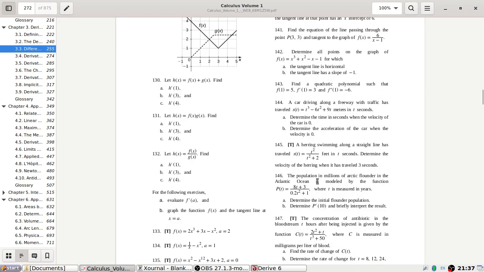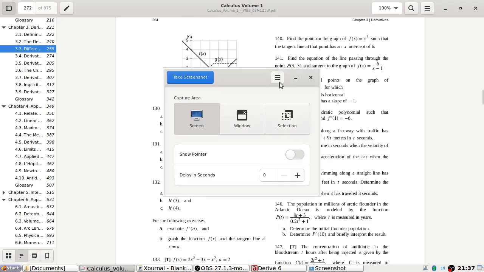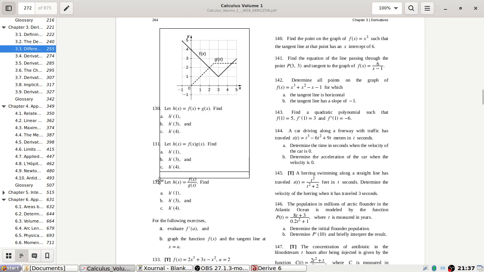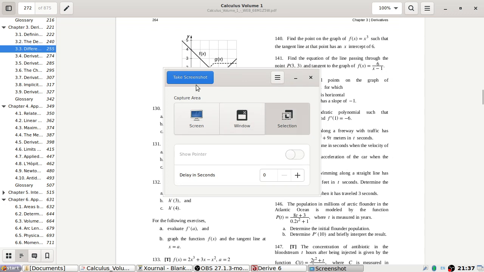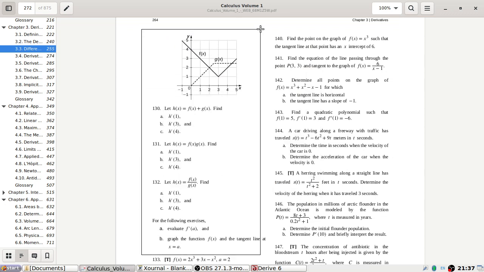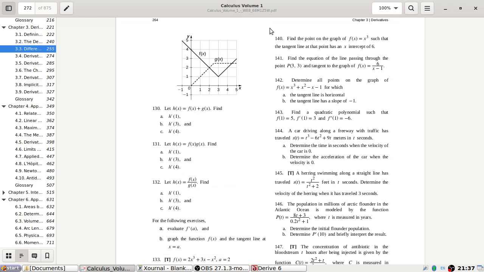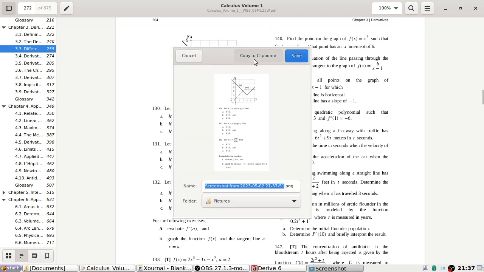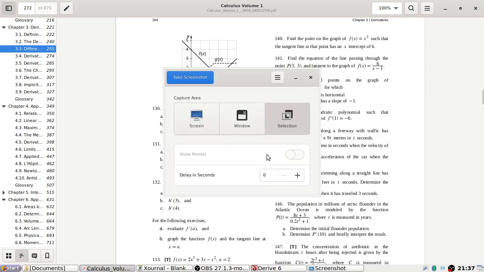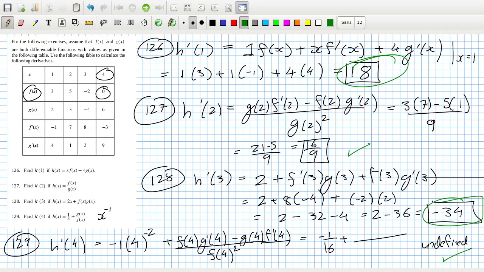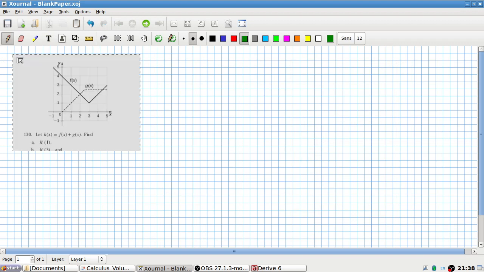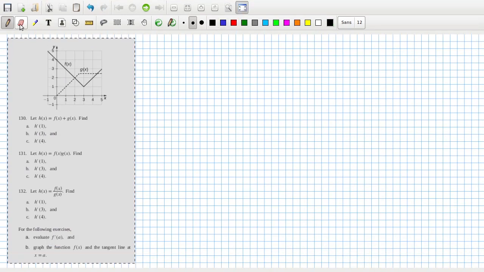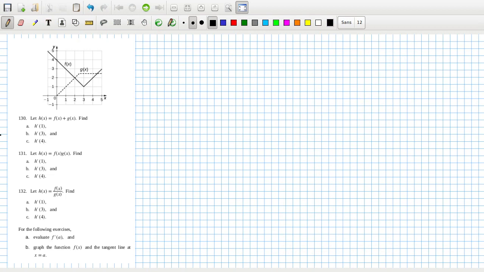I'll try and get up to 132, because then that leaves not too much left. Okay.